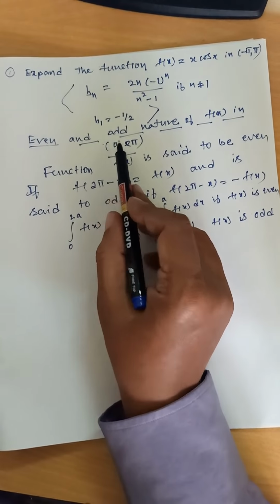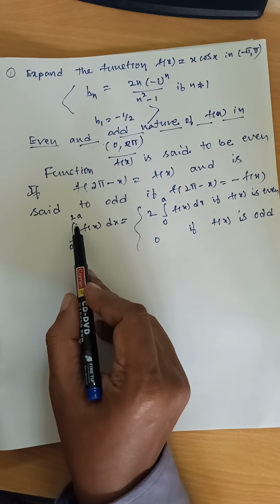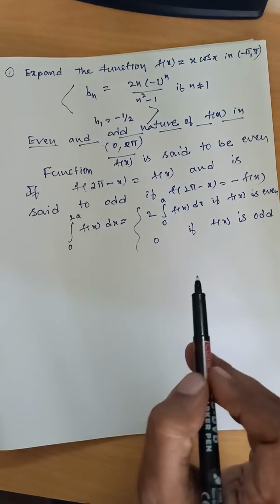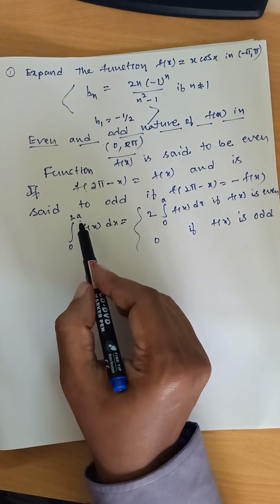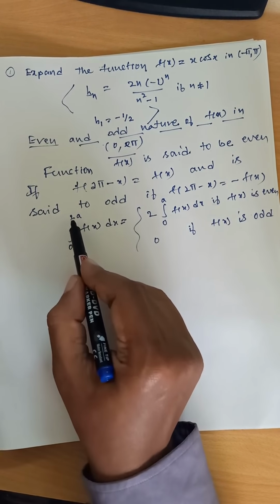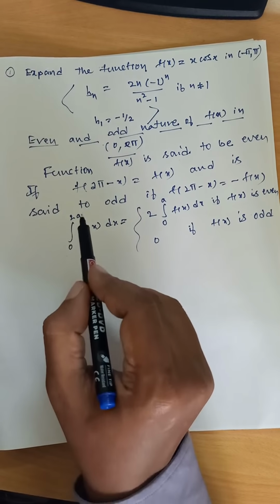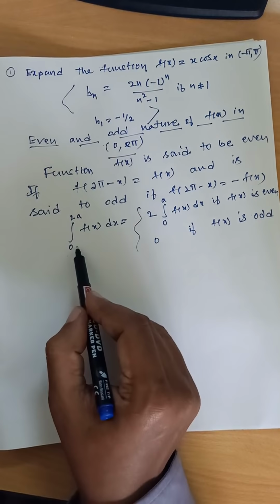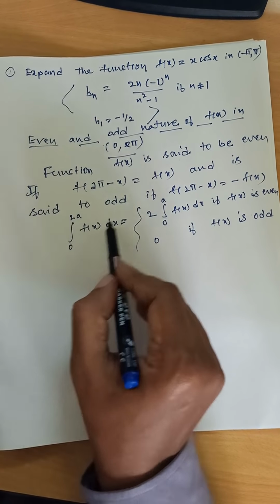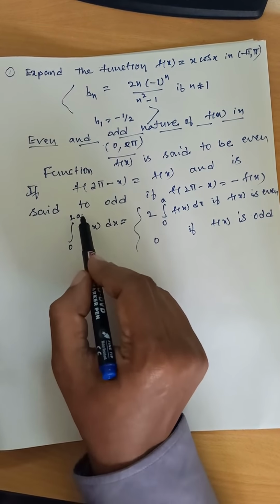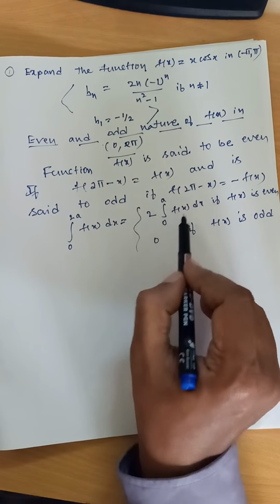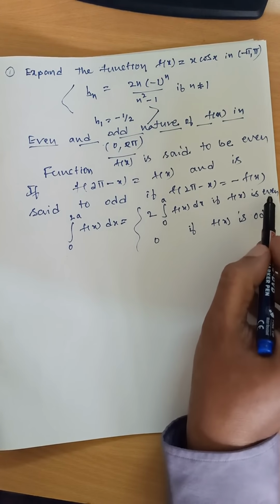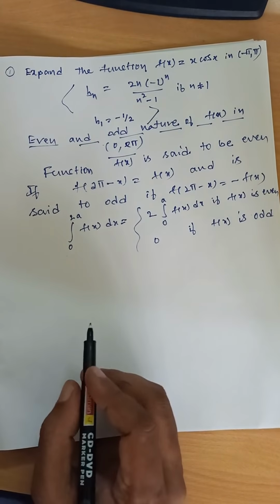For minus pi comma plus pi, we use the property of definite integral minus a to plus a. Here we are comparing integral 0 to 2a, meaning 0, 2a for 0, 2 pi. So integral 0 to 2a f of x dx is equal to 2 times integral 0 to a f of x dx when f of x is even, and equal to 0 when f of x is odd.